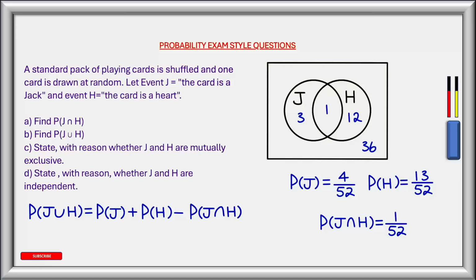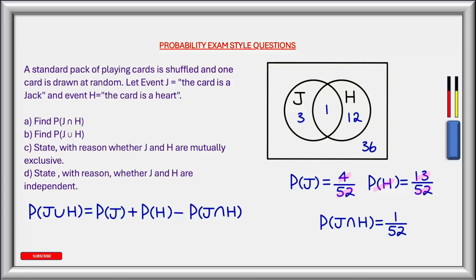The probability of a card being a jack, given that there are 4 jacks in a 52 card pack, is 4 divided by 52. And the probability that a card is a heart, when there are 13 hearts in a 52 card pack, is 13 over 52.